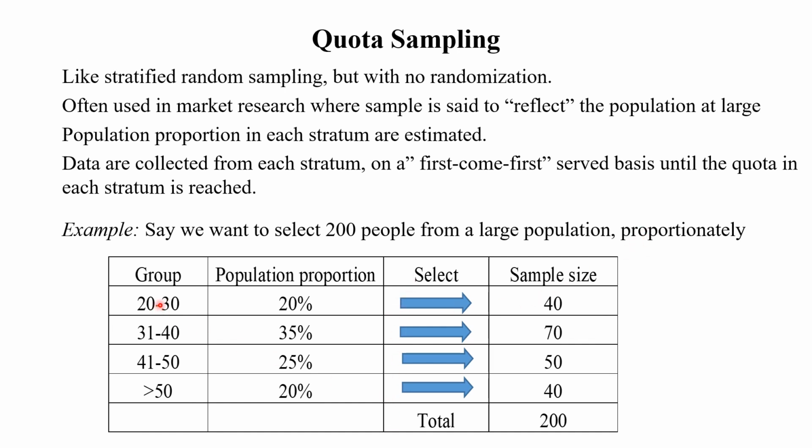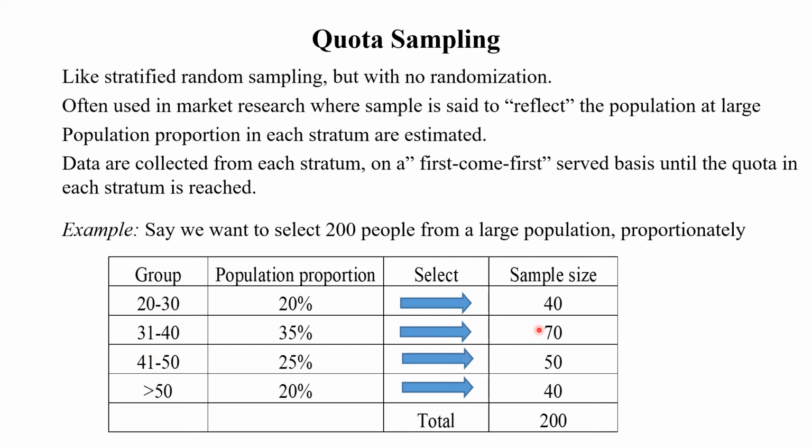I want these people, I want 40 of them in this age group. First come, first served. I keep on gathering people in this age group until I reach 40. Then I close that group. Of course, simultaneously, we're selecting people all over.